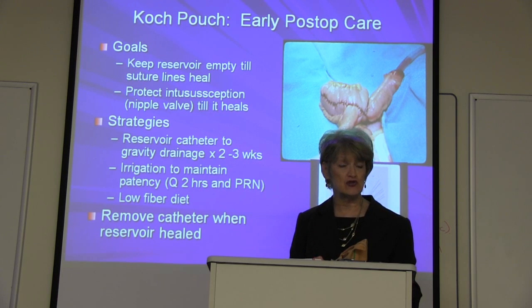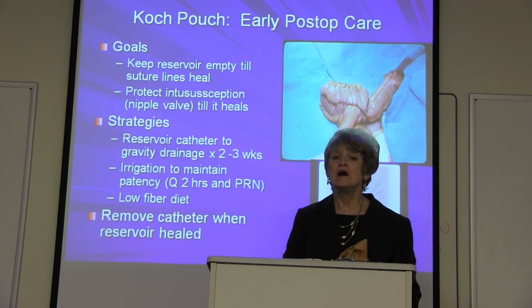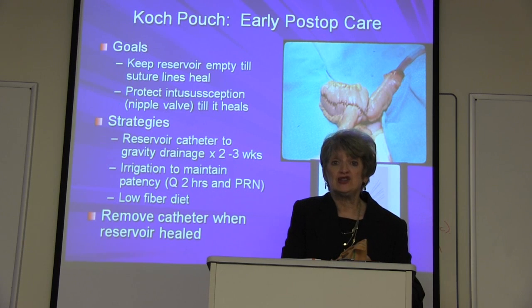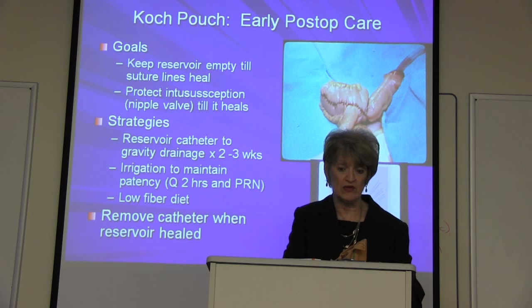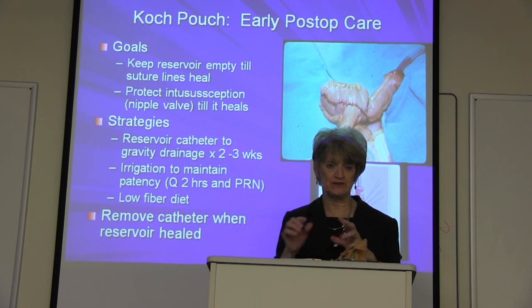So that tells you that initially the patient will need to self-catheterize pretty often. Most surgeons put their patients on a Q1 to 2 hour catheterization schedule during the day and Q2 to 3 at night for the first week when they're doing in and out catheterization.